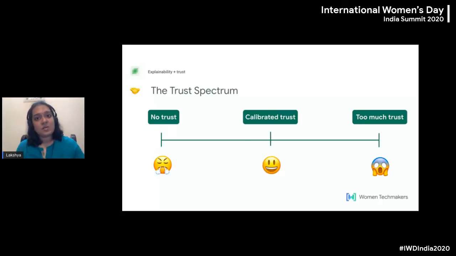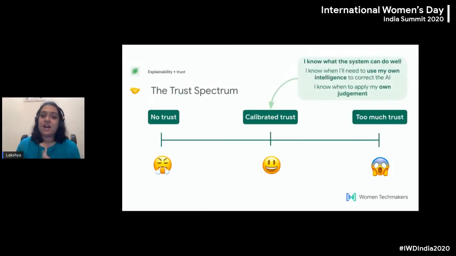But this is not always ideal, because there's a certain level of statistics and probability associated with giving confidence scores. So we as people building systems should really take care that we calibrate this trust for our users. Based on the system explanations that we give them, the user should be able to, in some cases, trust the system's predictions, but often also rely on their own judgment to make the best decision for their solution.